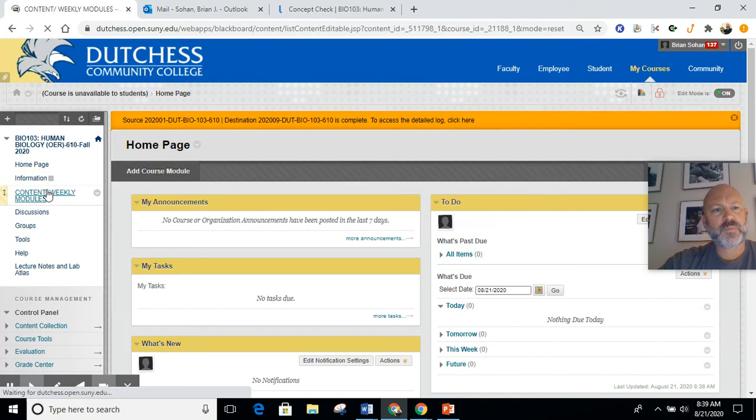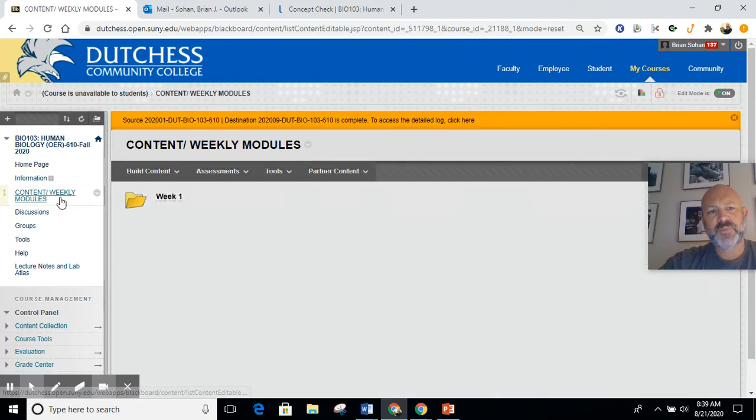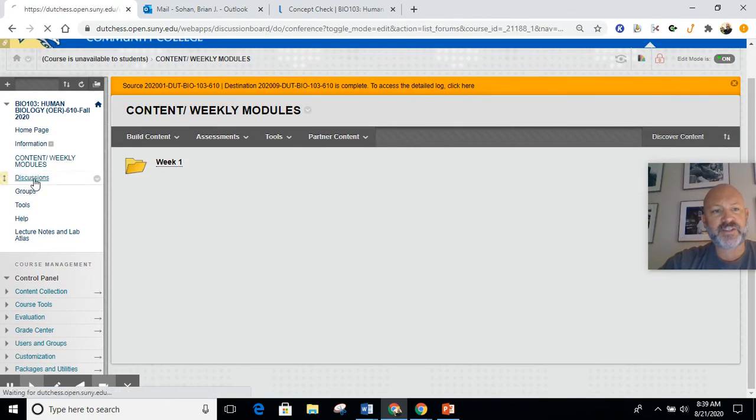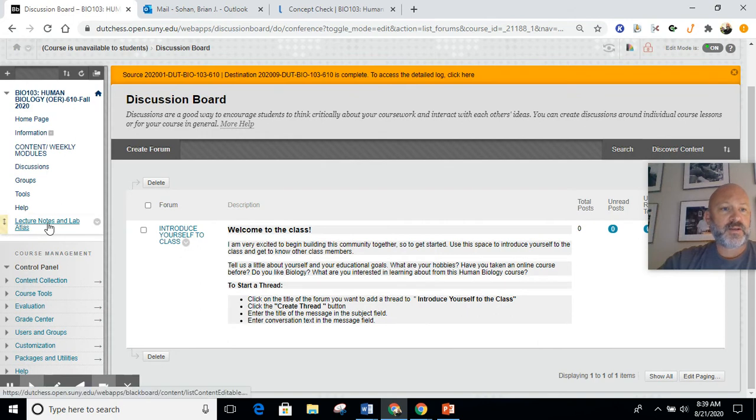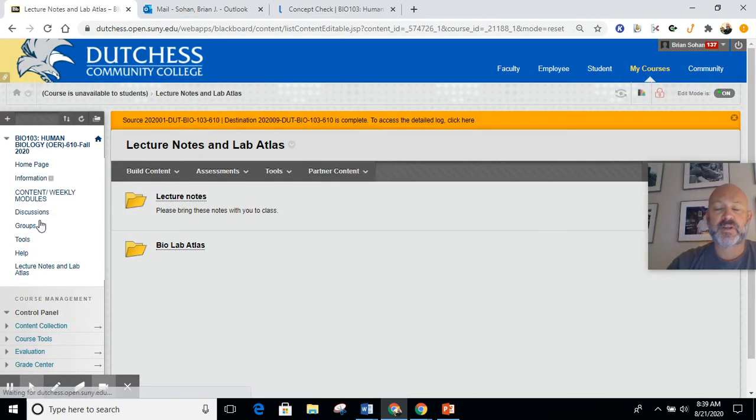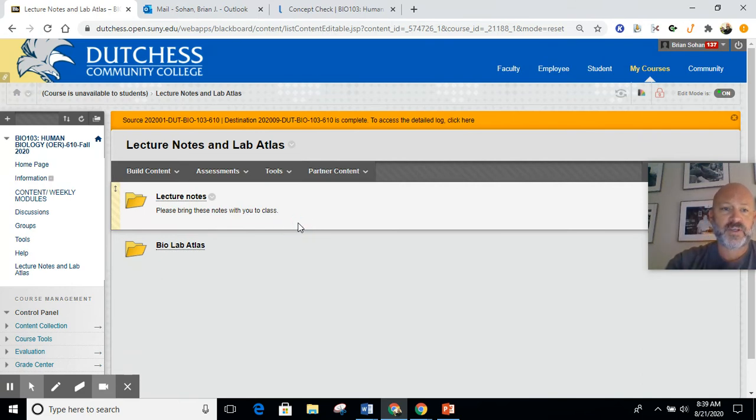We got all of our weekly stuff under the content weekly modules. We went over discussions. You're going to have to come here periodically. And some useful information is under this tab as well, with the notes in the Lab Atlas. I think that's pretty much it for now. So what you need to do for week 1 is just navigate through this and get comfortable doing it.